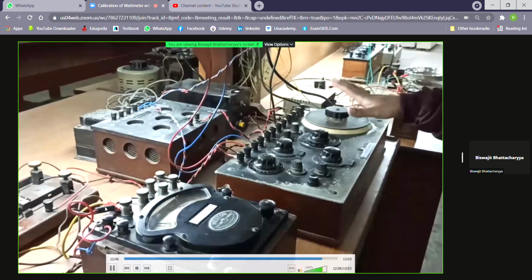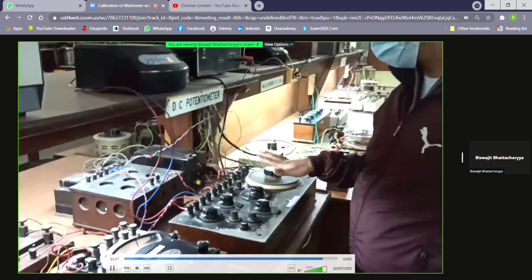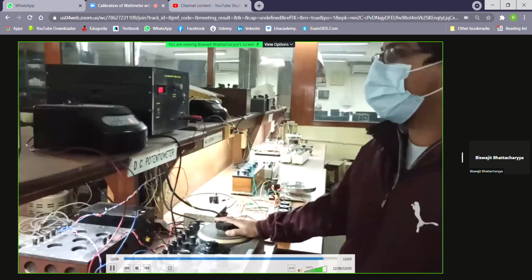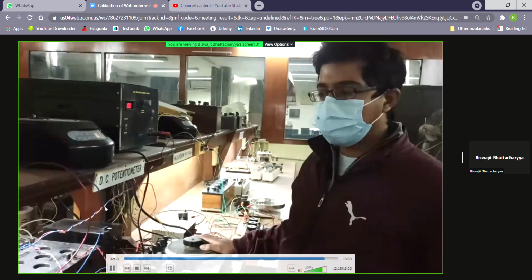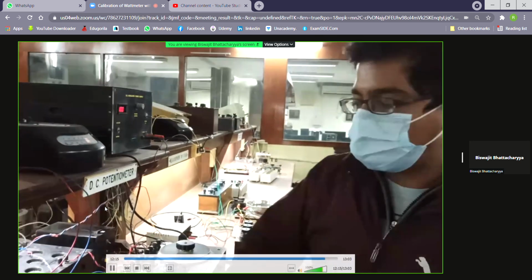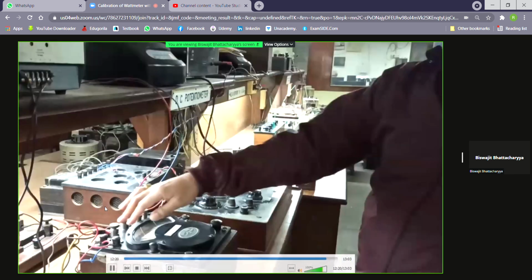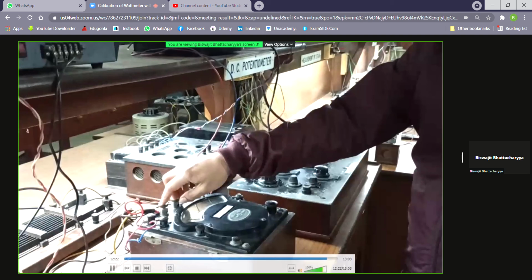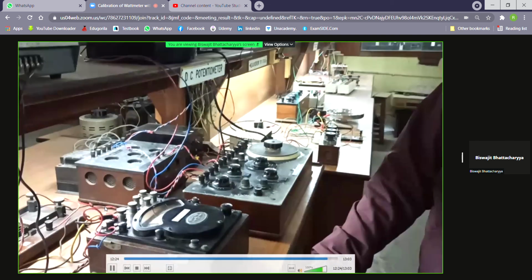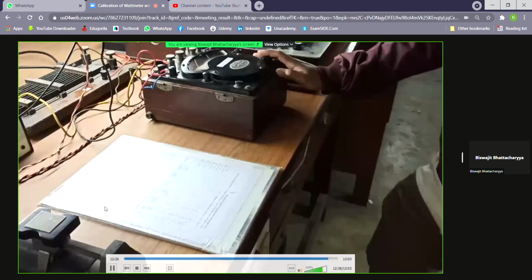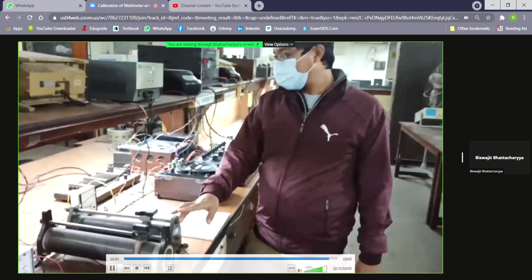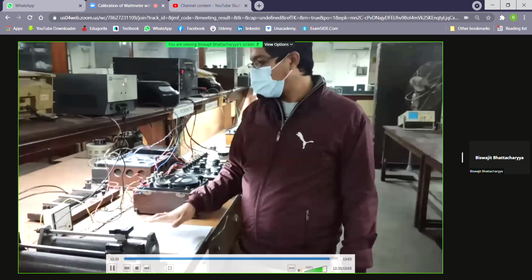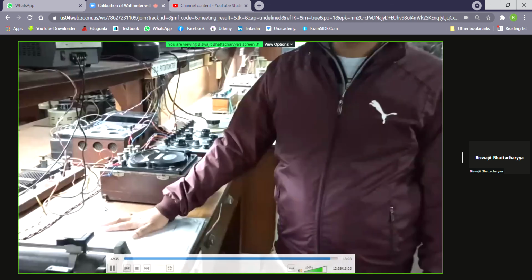We will take the wattmeter reading and calibrate both with link and without link condition.